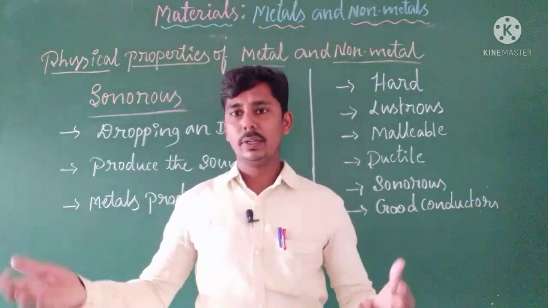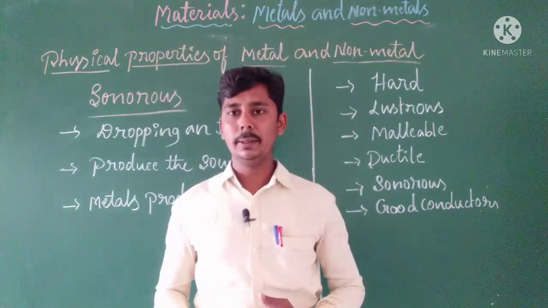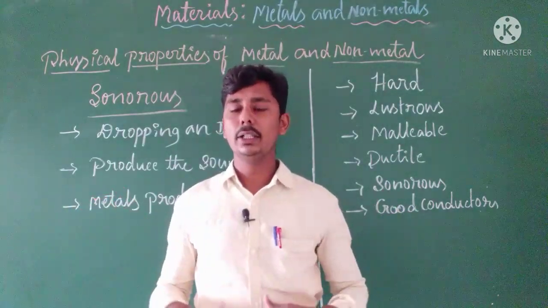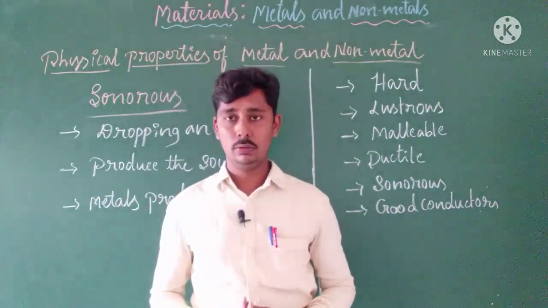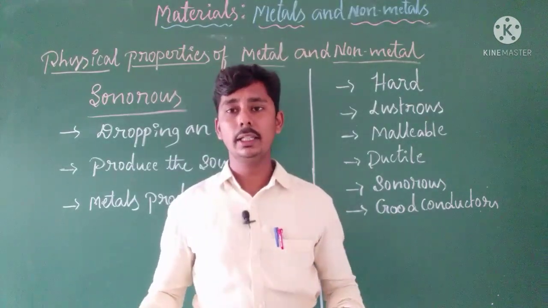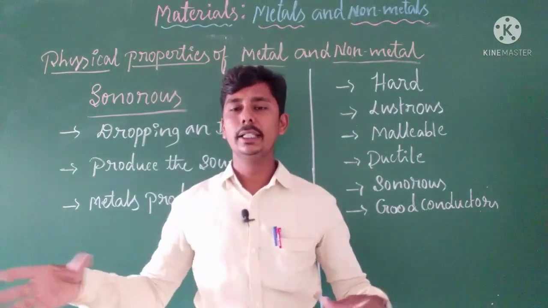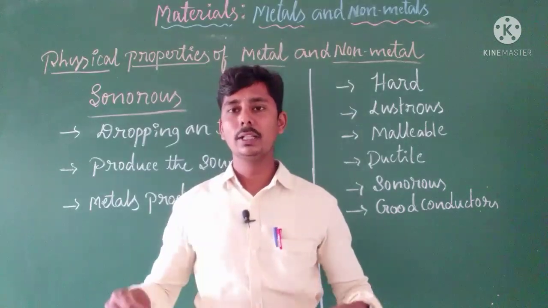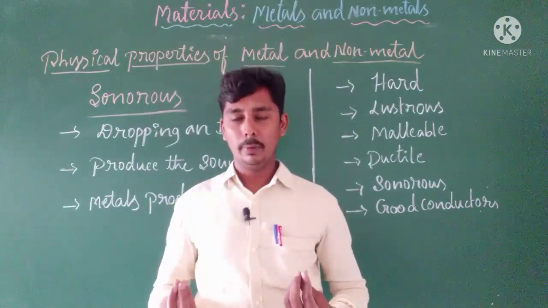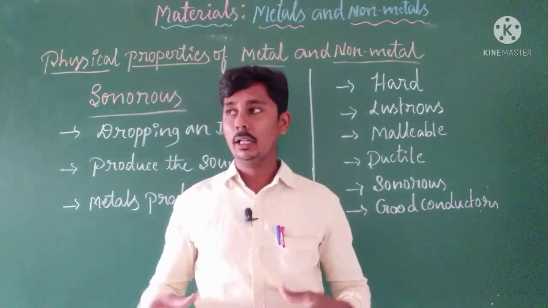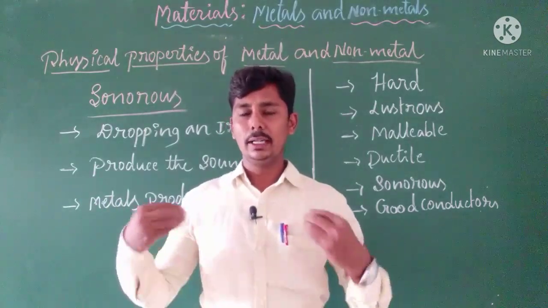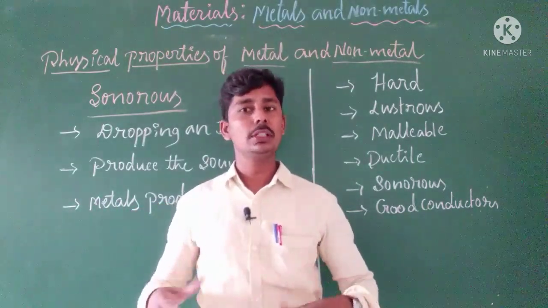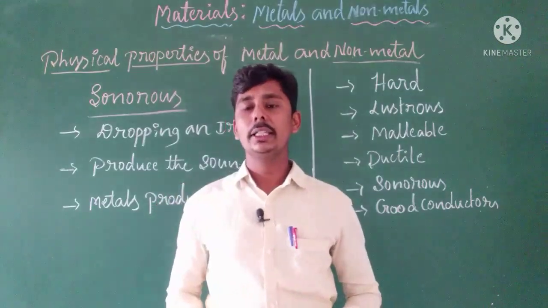Wood and different types of materials are also non-metals. For example, coal does not conduct heat and electricity, because you cannot use it for making wires. And dry wood also does not conduct heat and electricity.